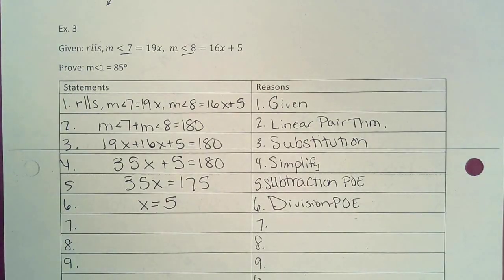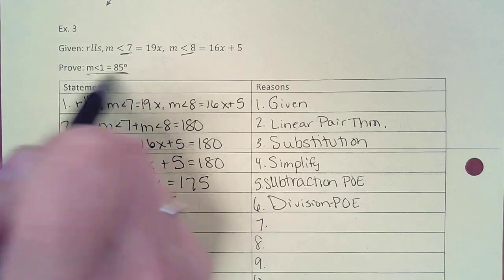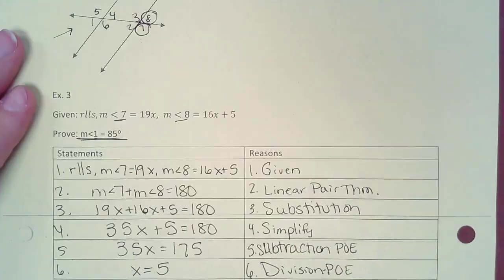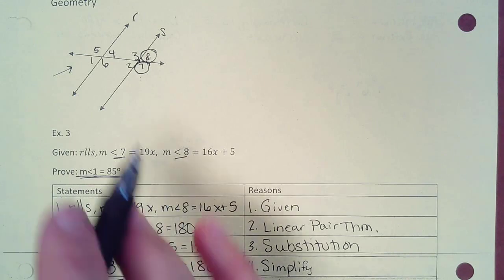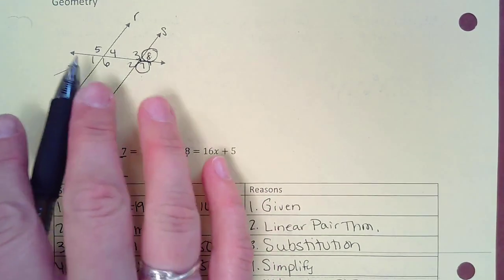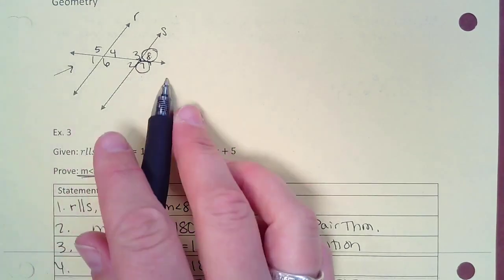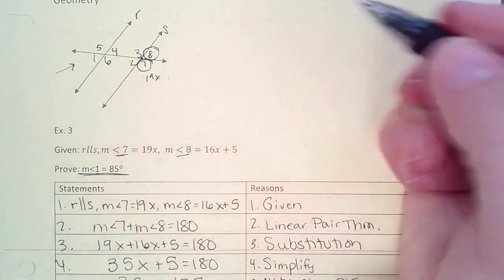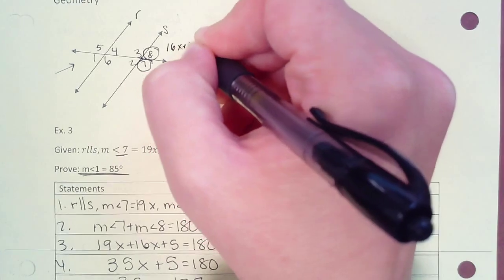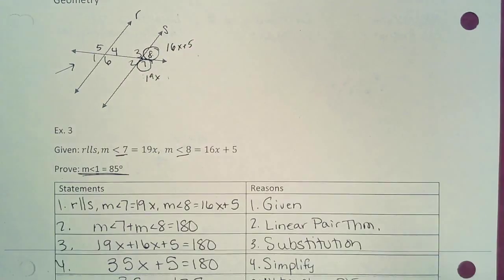Okay, now we have to think a little bit. So ultimately, I'm trying to find measurement of angle 1. Well, I've got a couple steps. I don't have an expression for angle 1, but I have an expression for 7 and 8. 7's was 19x, 8's was 16x plus 5. So let's think.